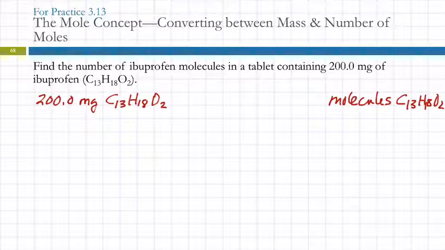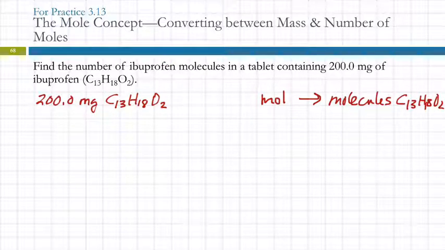So we've got milligrams, we've got molecules, and we're like, often, moles is in the middle. So if we put moles in here, could we convert moles to number of molecules? Sure we could. So let's put moles here. Can we convert milligrams directly to moles?